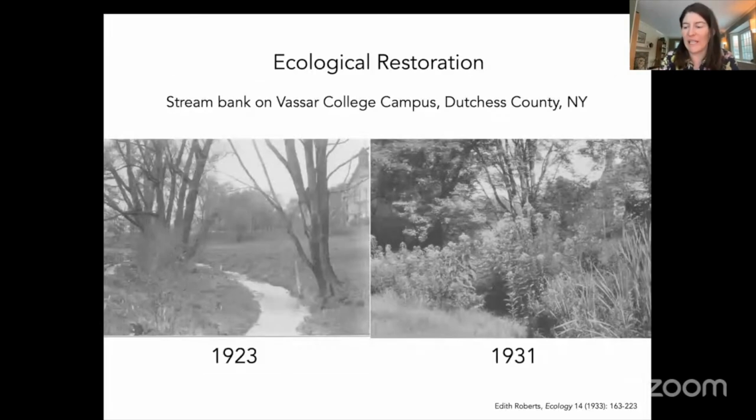And so beginning in 1921, Roberts and her students cleared over 4 acres of grasses and poison ivy from the Vassar College campus. And on this land, they planted around 600 species collected from across the northeastern United States, arranging them into different plant communities.